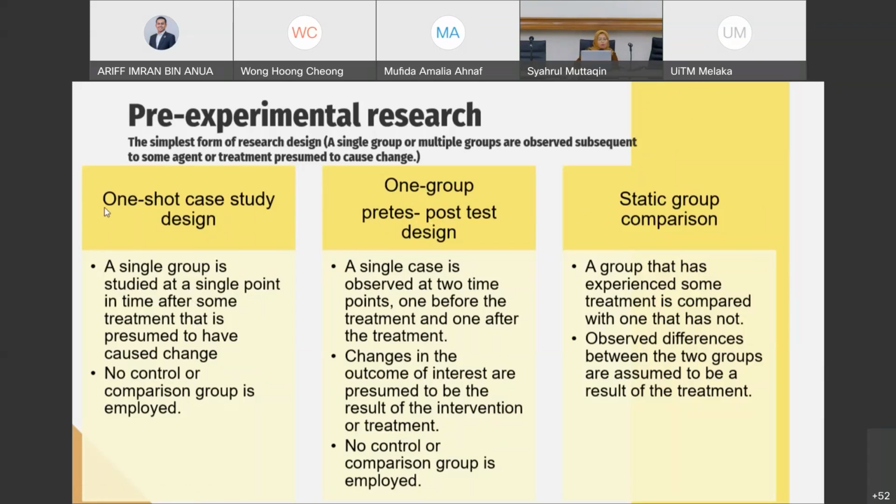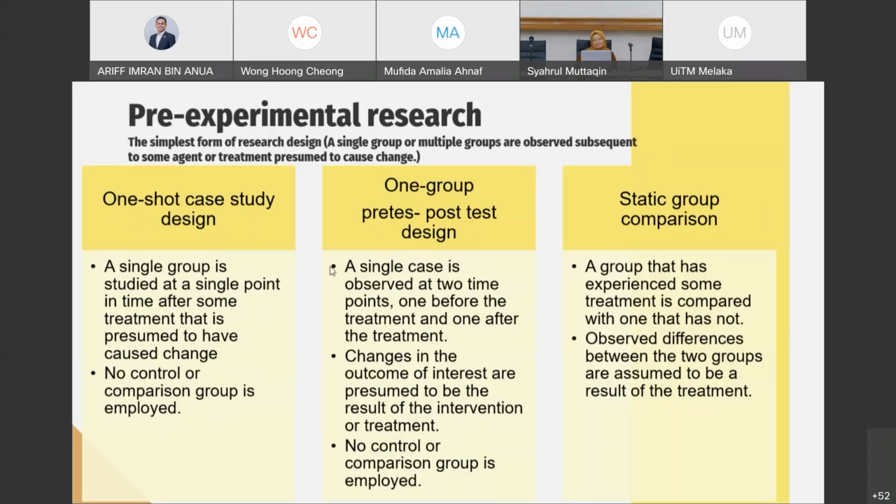For the one-shot case study design, only a single group is studied at a single point in time after some treatment that is presumed to have caused change. No control or comparison group is employed. So the group is only one, and you give the treatment to that group. That is what we call the one-shot case study design. The second design is the one-group pre-test and post-test design.